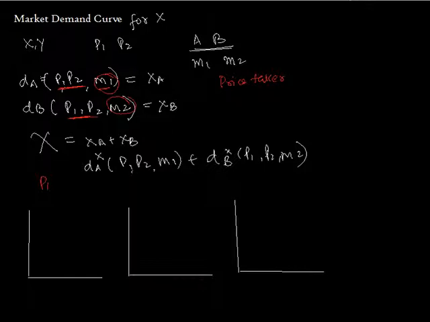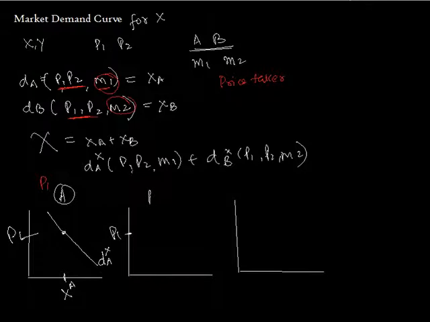So supposedly if at P1 he is demanding say XA, okay, this is the demand curve for individual A. So that is one point, and we know that this is the demand curve for the individual. Similarly, at P1, individual B is demanding XB. Okay, so this is the demand curve.